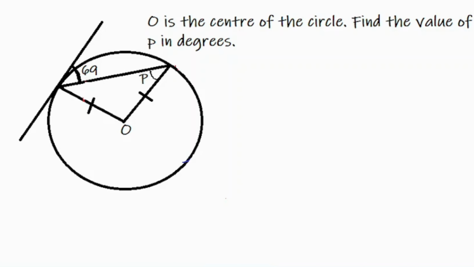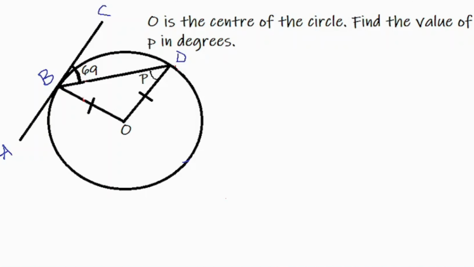All right, in this example, we are going to start by labeling some points. We label this as A, B, we call this C, and we call this D. One thing that is very obvious here is that OBD is an isosceles triangle, and that's because OB is a radius, OD is a radius.